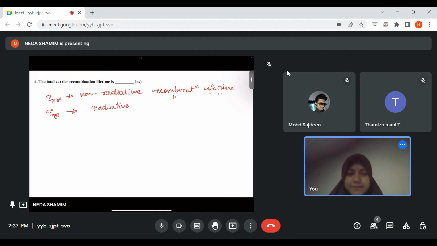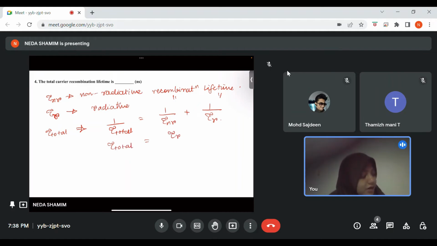So the total recombination lifetime, tau total, will be given by 1 by tau total is equal to 1 by tau nr plus 1 by tau r. So this will be tau total equal to tau r times tau nr.